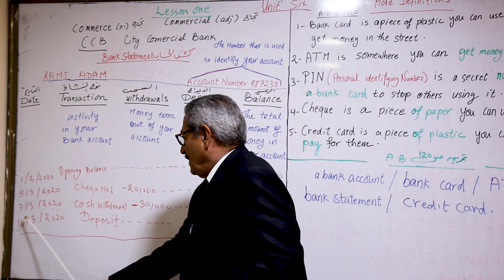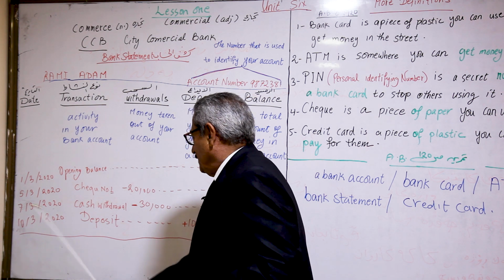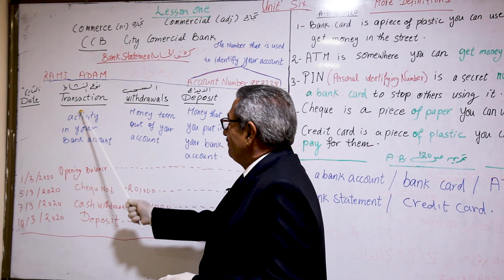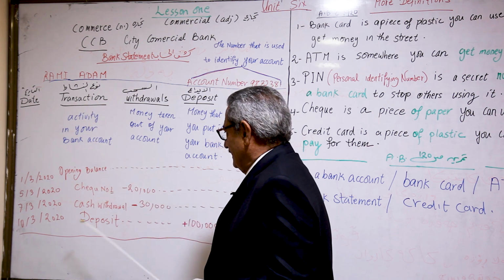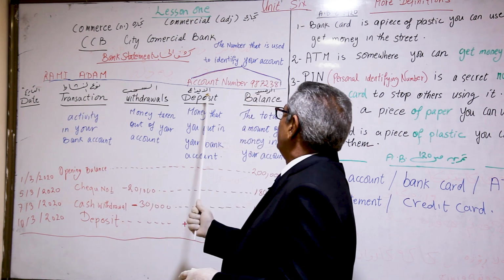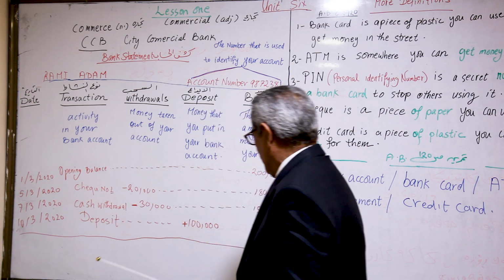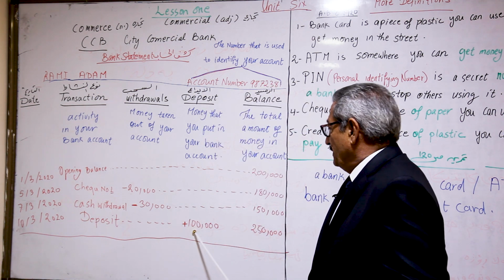On the 10th of March 2020, the activity is deposit, أي إيداع. How much money we deposit? 100,000.